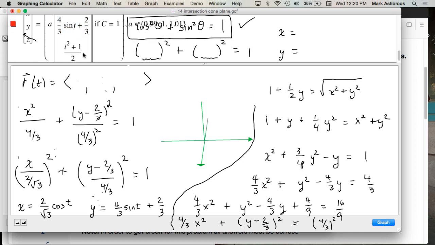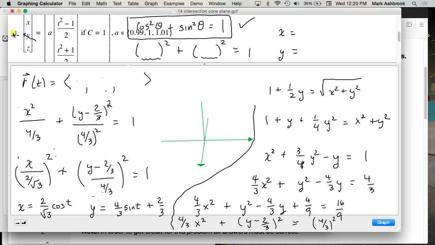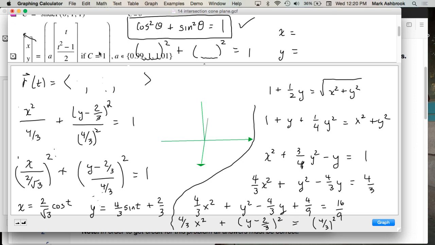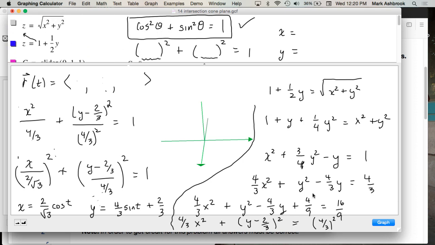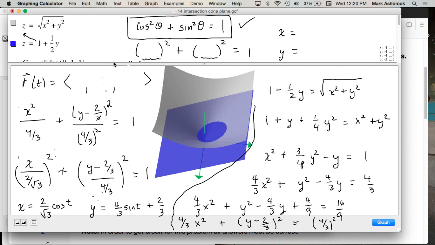Z is 1 plus 1/2 of that. And turn this one off. That was the old one. Moment of truth. Here we go. Got it.